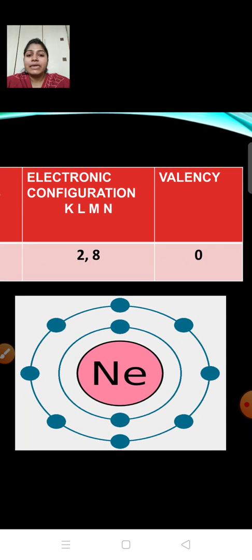Now you can see that the outermost shell has 8 electrons. It means the octet is complete. The neon, it is stable. So no need to lose, gain or share electrons. So the valency of neon is 0 because neon is stable. It has 8 electrons in its outermost shell.